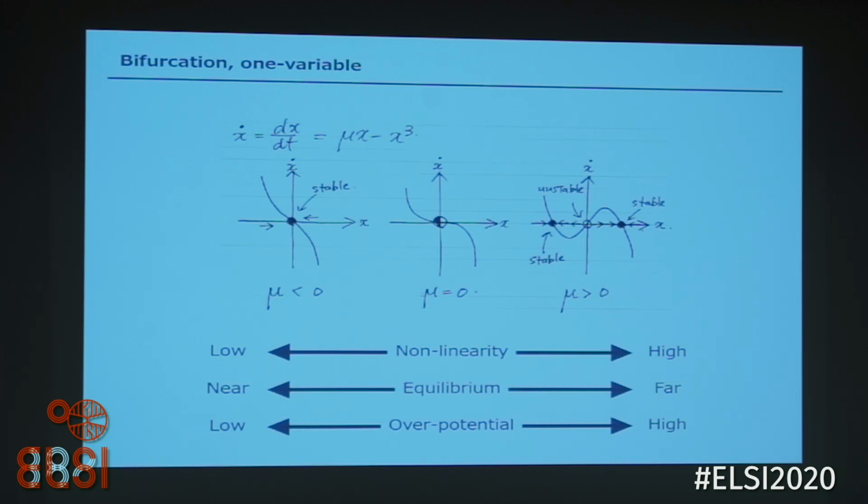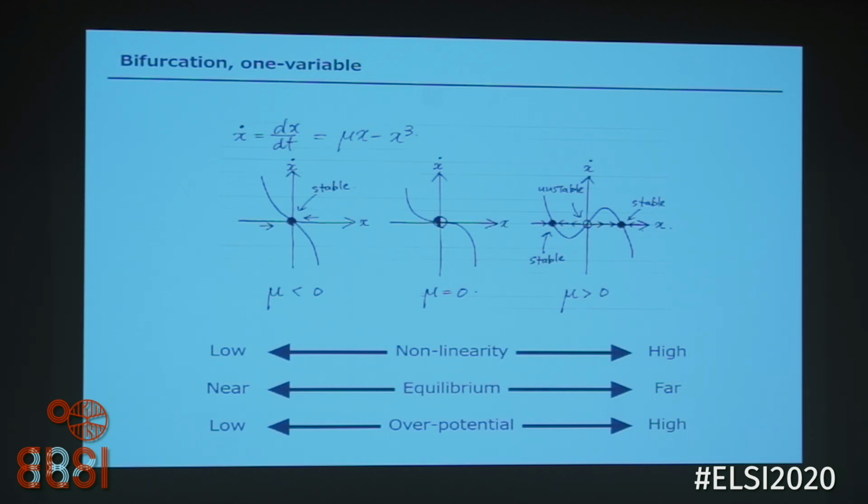But in contrast, when parameter mu is positive, we can get 3 stationary states, and 2 of them are stable just like this. However, this state is very unstable, and like this, the symmetry of the system is broken with increasing the parameter mu.